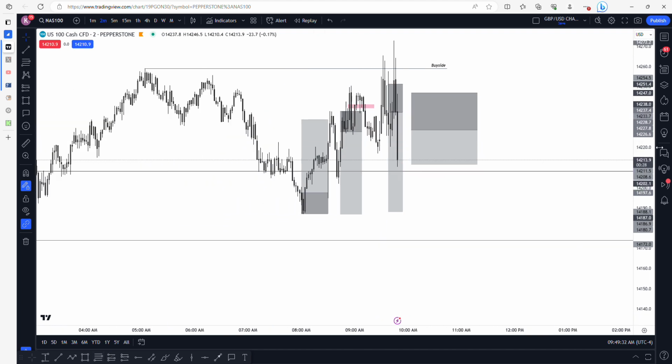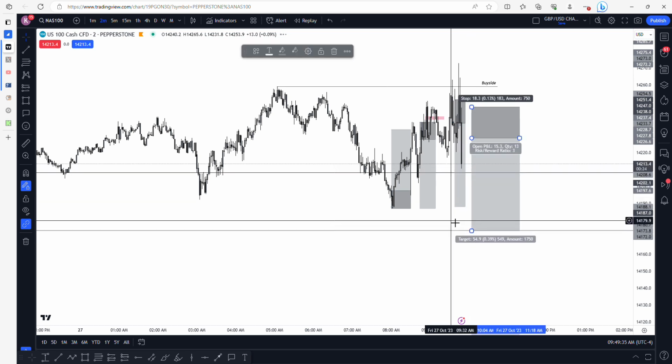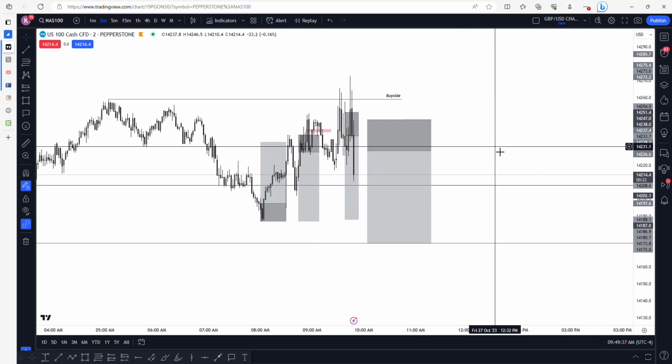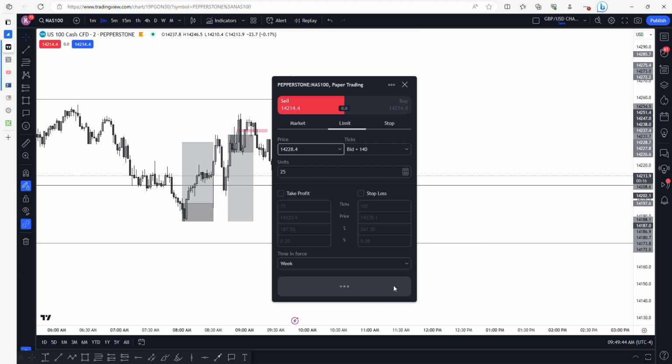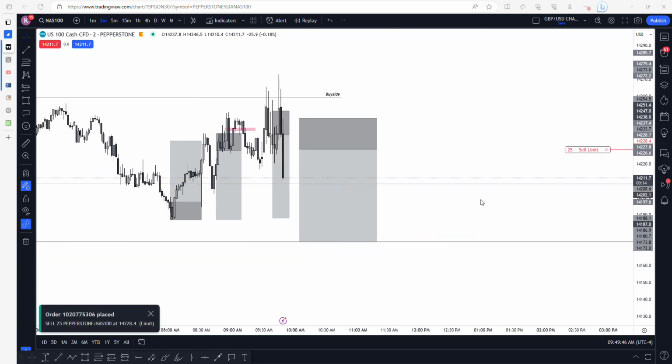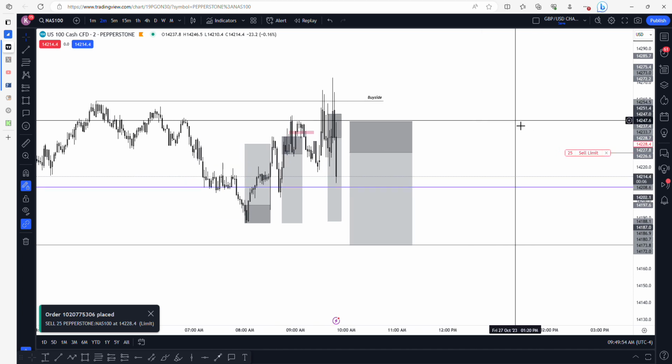So that's just above here. You see that? It's taking a shit right now. The question is if it's gonna give us an entry. Okay.